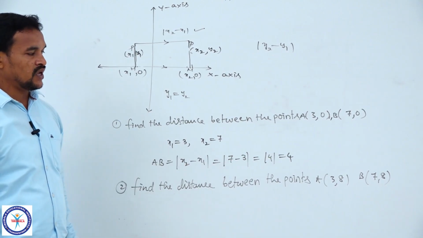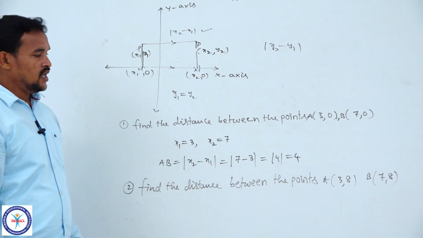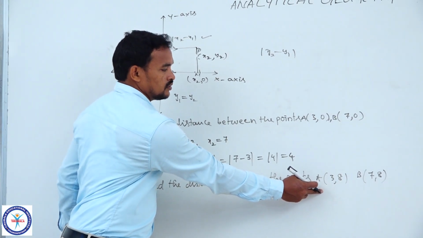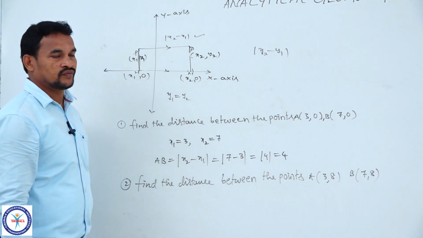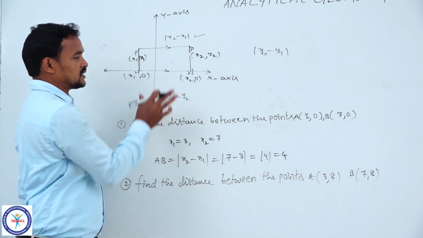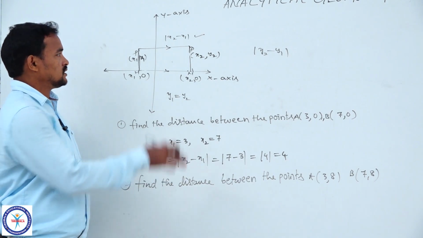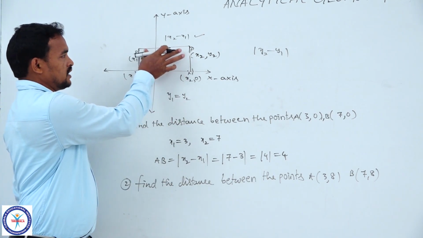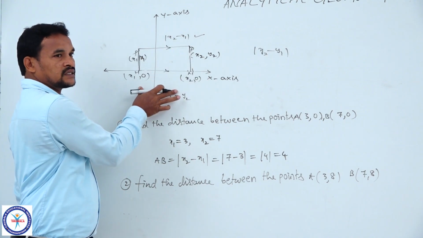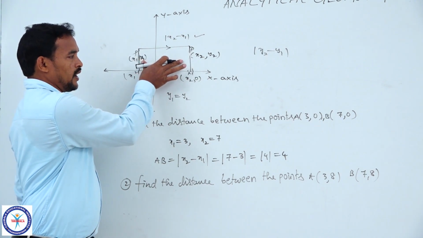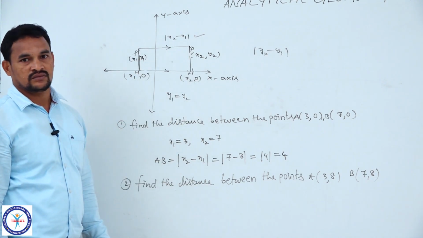In these two points the y coordinates are equal. When the y coordinates are equal and A and B are joined, that line segment must be parallel to the x-axis. We already learned that for the line segment PQ parallel to the x-axis, the y coordinates of the two points are equal.